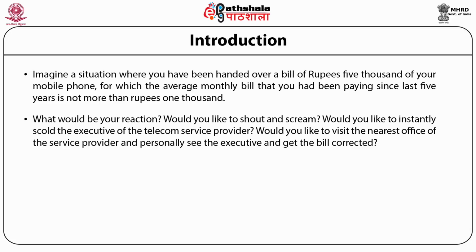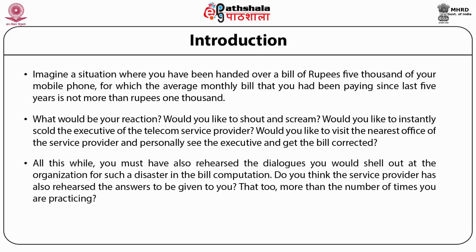Would you like to instantly scold the executive of the telecom service provider? Would you like to visit the nearest office of the service provider and personally see the executive and get the bill corrected? All this while, you must have also rehearsed the dialogues you would shell out at the organization for such a disaster in the bill computation.